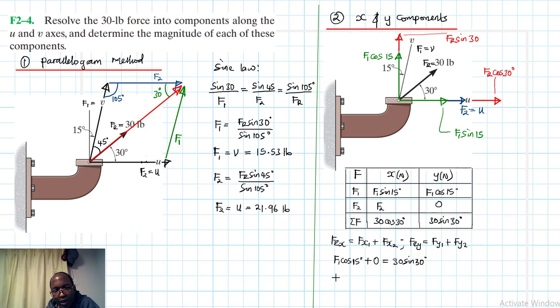Therefore, F1, which is V, is going to be equal to 30 sine 30 divided by cos 15, and this gives us 15.53 pounds.